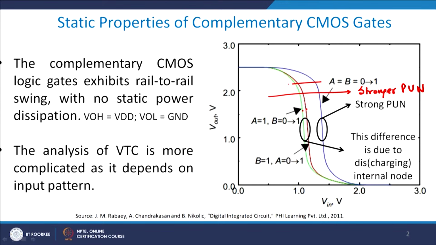As you move to the left, you have a stronger PDN, which means this green one has a much stronger PDN as compared to this one, and therefore it remains at a lower value till a larger limit of V in.